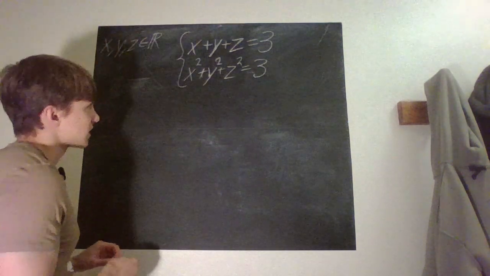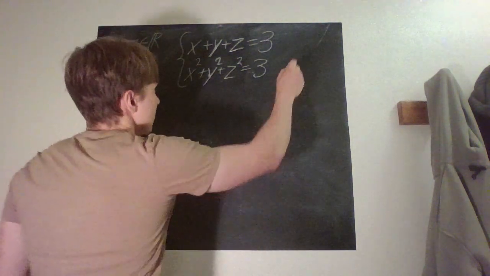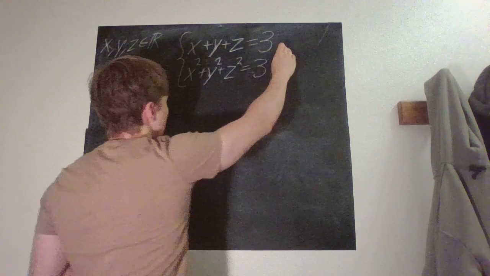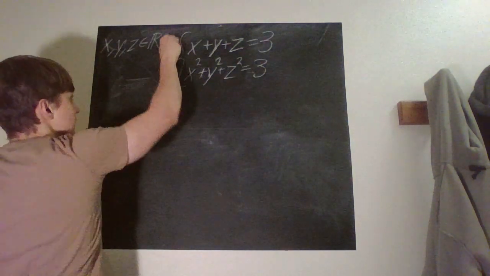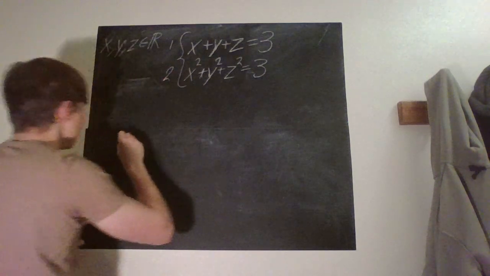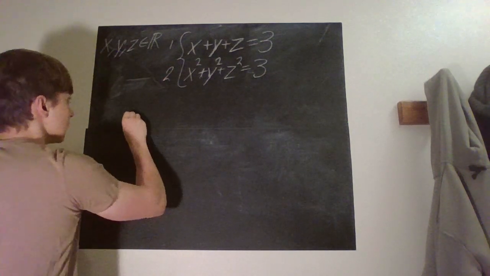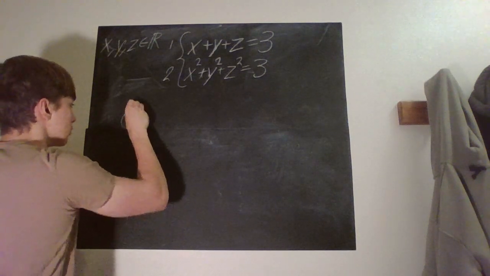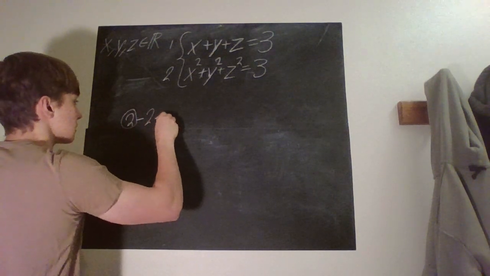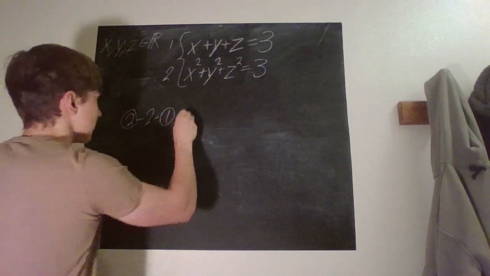So I suggest that we take this, we multiply this row by 2 and move it down here. So if this is row 1 and this is row 2, then here we have row 2 minus 2 times row 1.